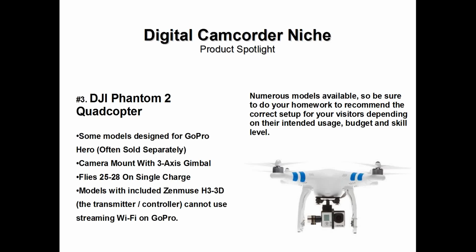The ones that are made for the GoPro Hero, as you can see here, have this camera mount already attached to it, and it has a 3-axis gimbal. What this means is that you can not only control the quadcopter itself, but you can also control the camera. I'm talking about the direction. 3-axis means that you can rotate the camera around and change its direction.